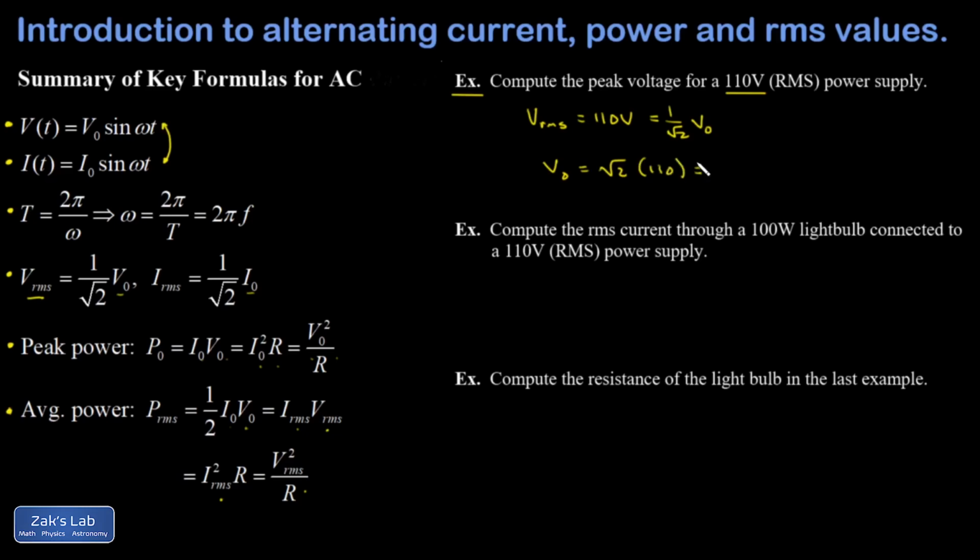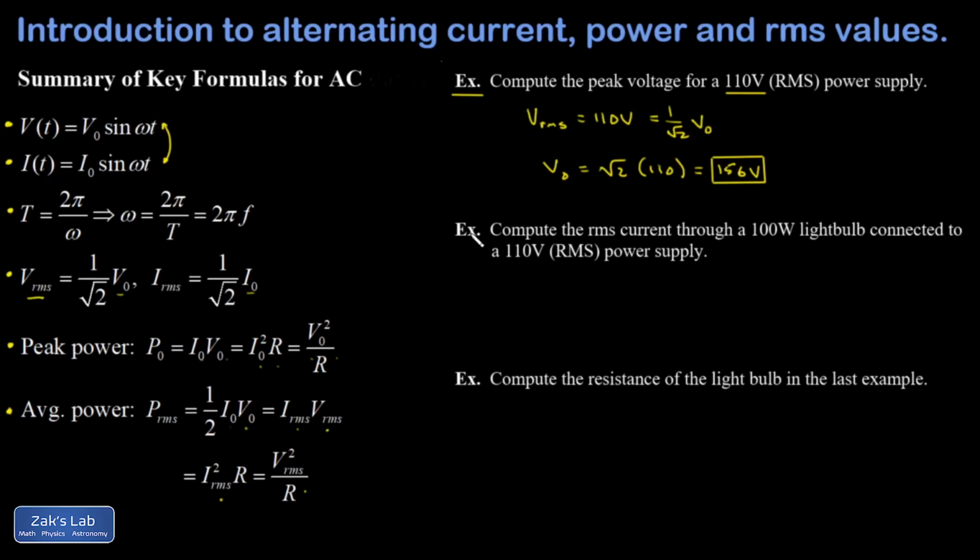And when I run the numbers on this, I get 156 volts. So if you were to look at the waveform of the voltage across the terminals of an outlet in your wall, you would see a sinusoidal function with a peak of 156 and then a low spot of negative 156, but the RMS average of that is going to be 110.